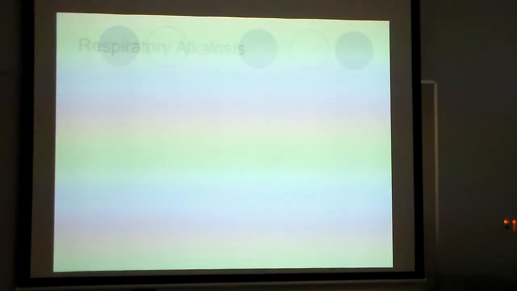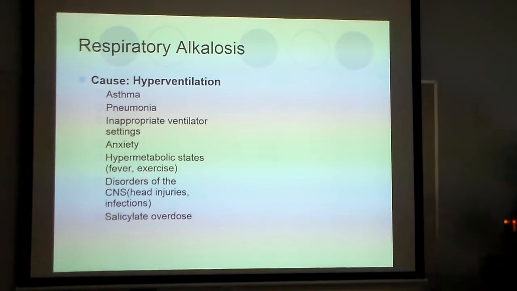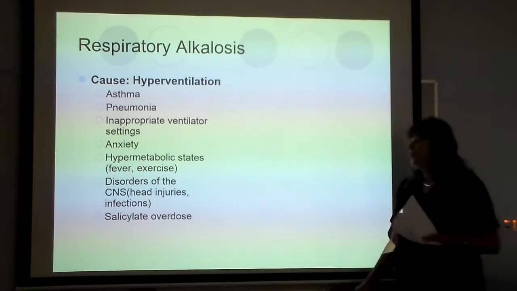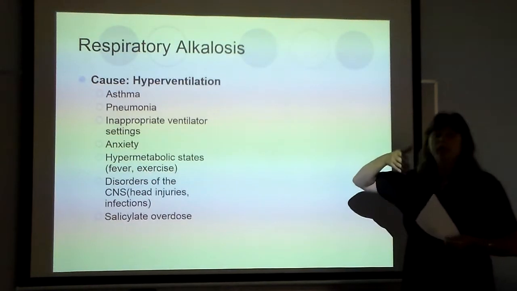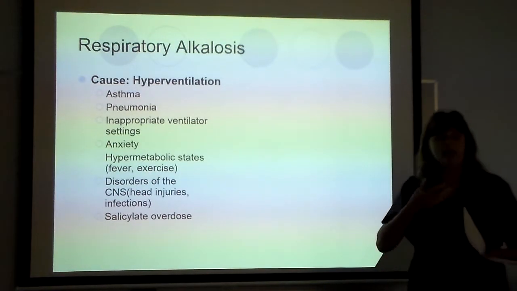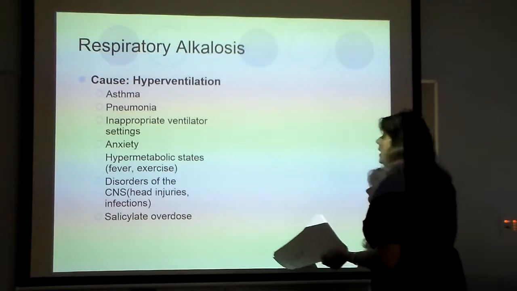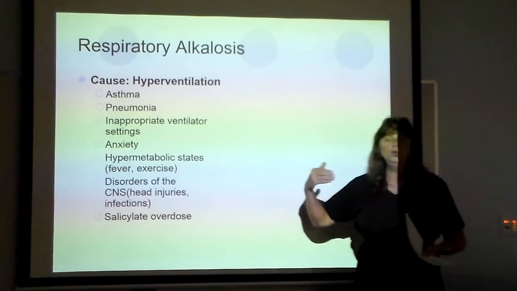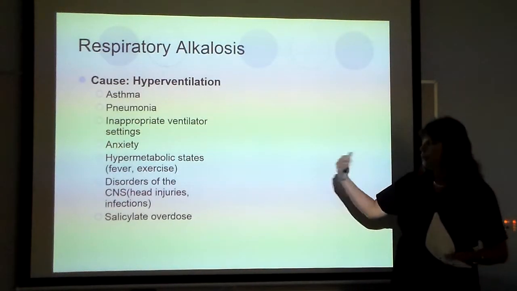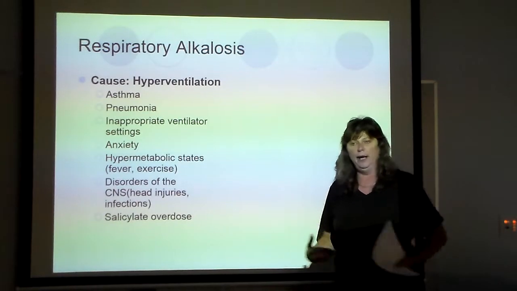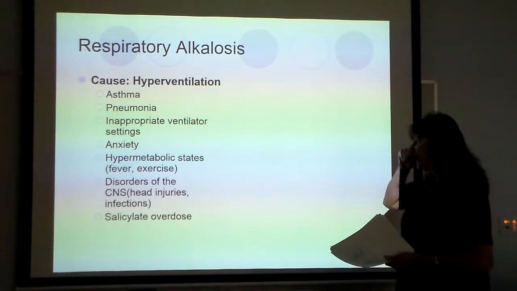We'll talk about it. With respiratory alkalosis, we are looking at the opposite: hyperventilation, asthmas, pneumonia, ventilator settings when patients are trached and on mechanical ventilation that are inappropriate and causing them to have higher than normal respiratory rates. They are ventilating more than they need to. Anxiety.